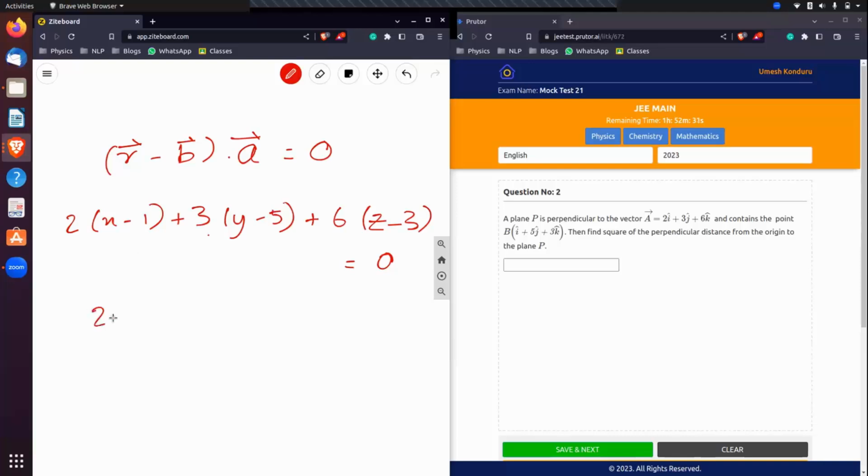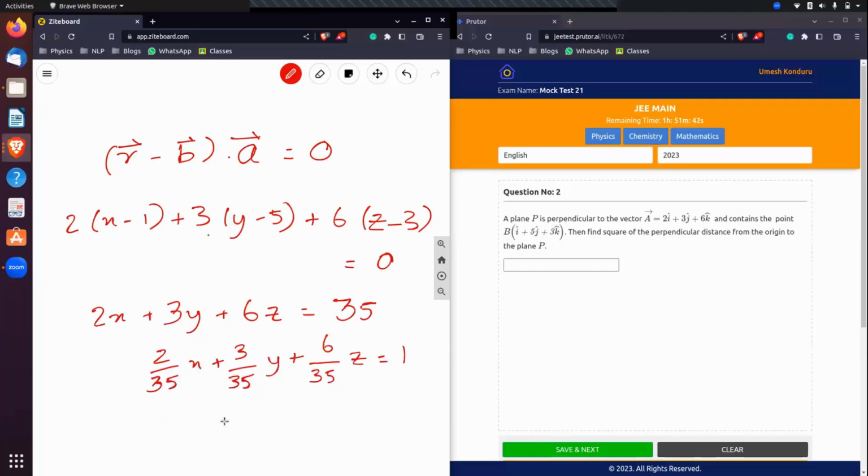If you're familiar with the equation of the plane in the normal form, basically what you do is you just normalize the constant term so that it becomes 1. So you get 2x plus 3y plus 6z equals 2 plus 15, 17 plus 18, 35. And then you have 2 by 35.